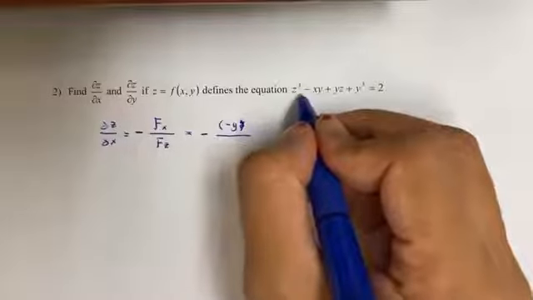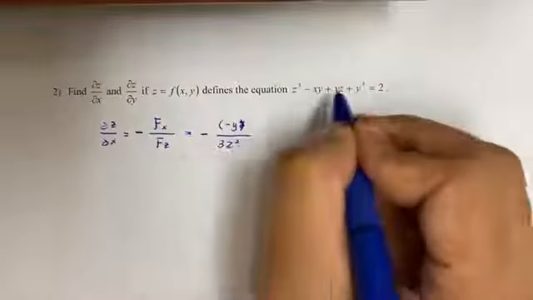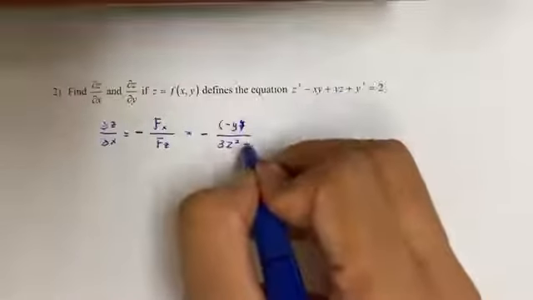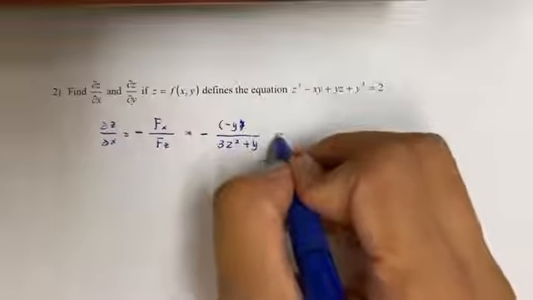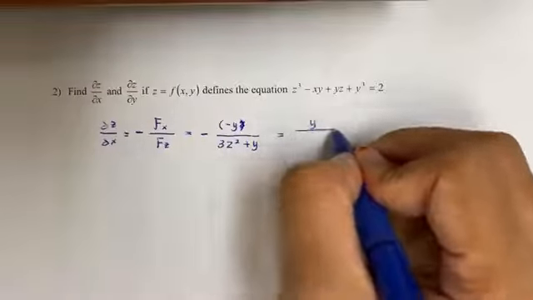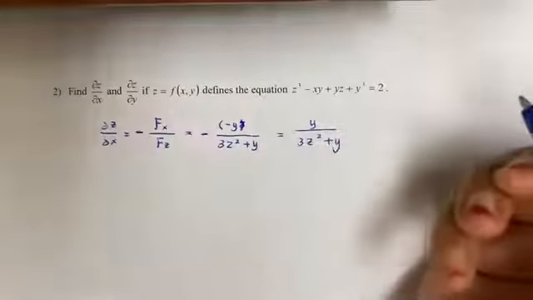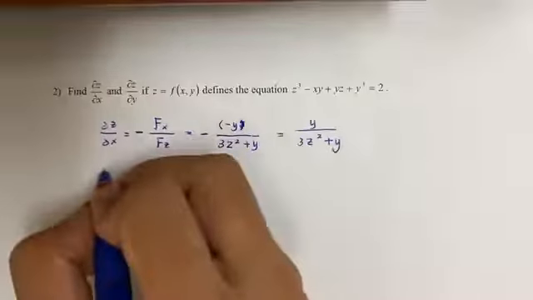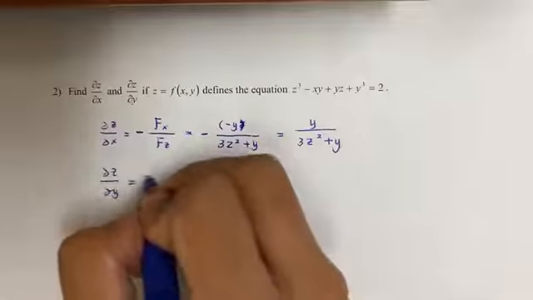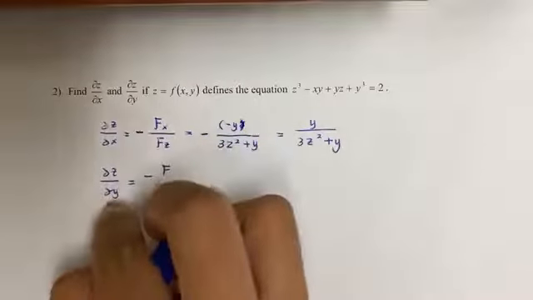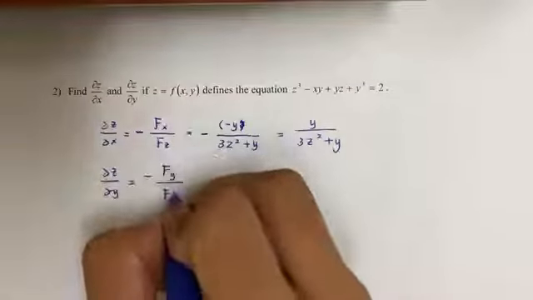With respect to z, you have 3z squared minus 0 plus y plus 0 plus 0. So the answer is y over 3z squared plus y. Simple.